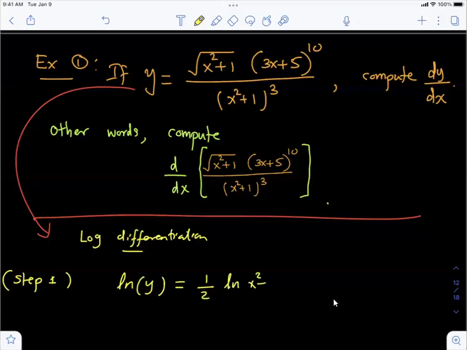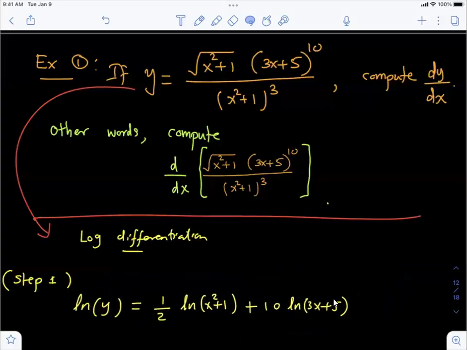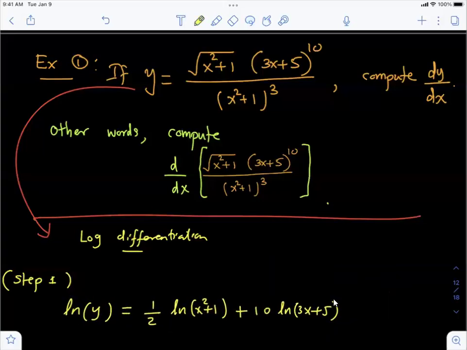So we will end up getting this. If you do not see exactly how, just recall exactly what we did in the previous computation, right? So that's none other than minus 3 times ln of x squared plus 1.